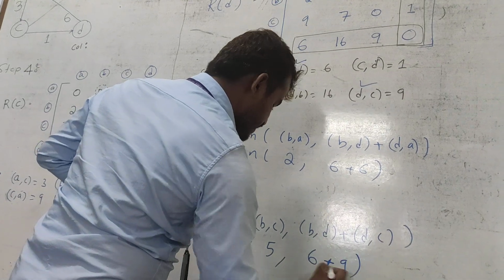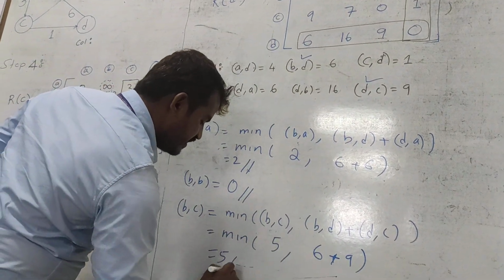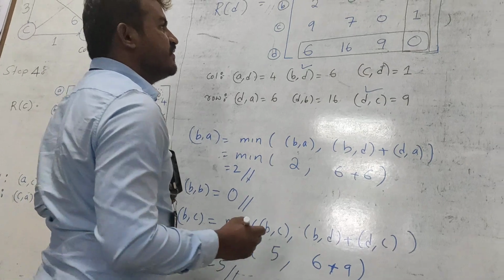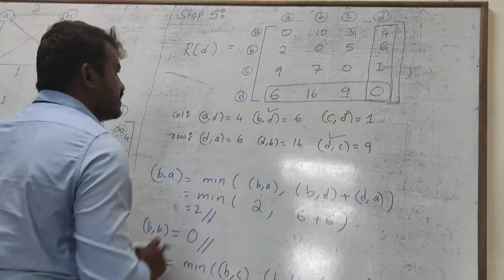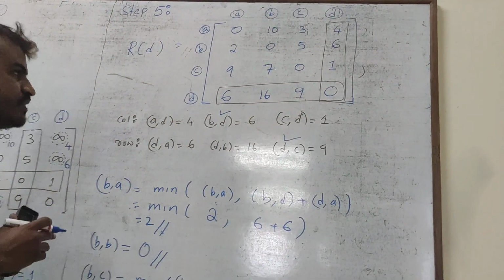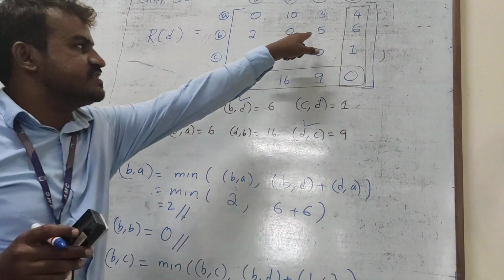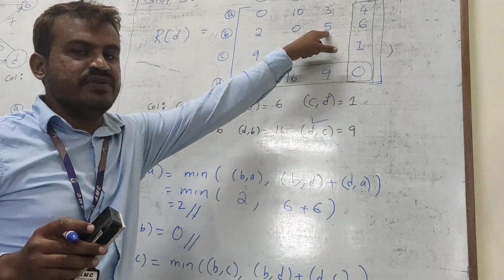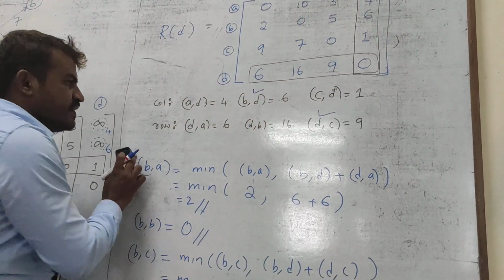Compare: 5 is lesser, 6 plus 9 is 15. B to C is already 5, no need to replace, the value is retained. No change in value until now.